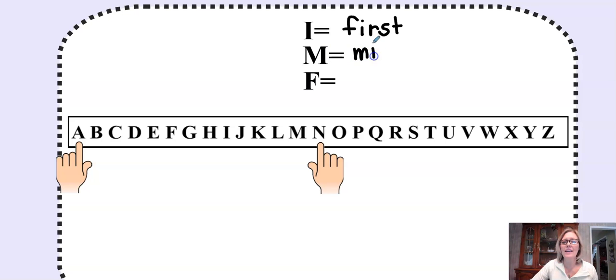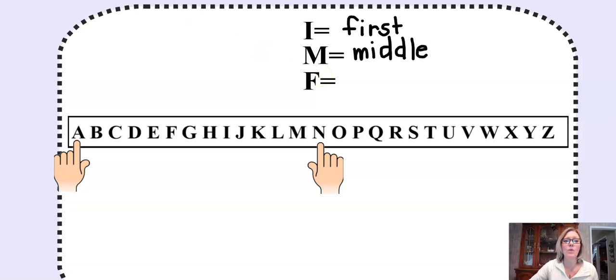And so a medial sound would come between the initial sound and the final sound, or we'd say it comes in the middle. And do you remember what are the 2 middle letters of the alphabet? What would we have? The very 2 middle letters are M and N. Good. Right? And what does F represent?